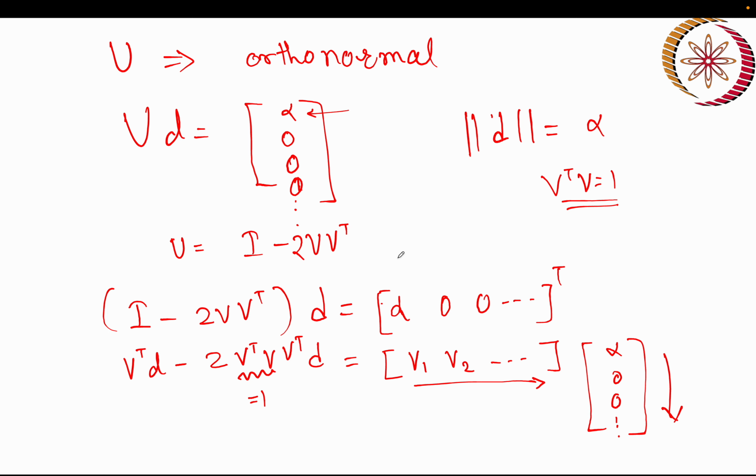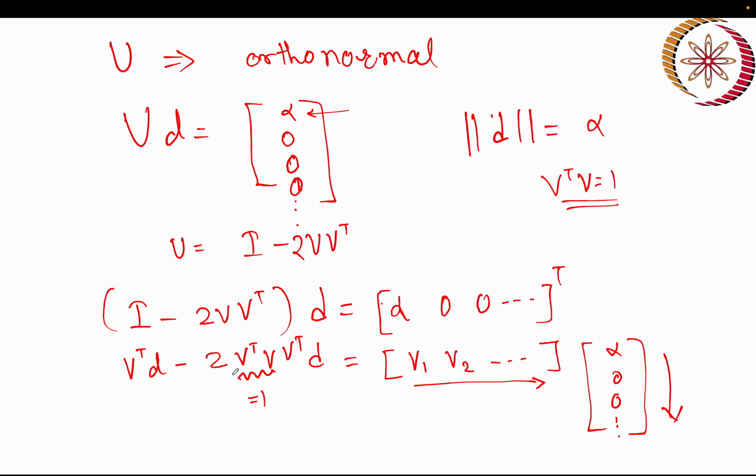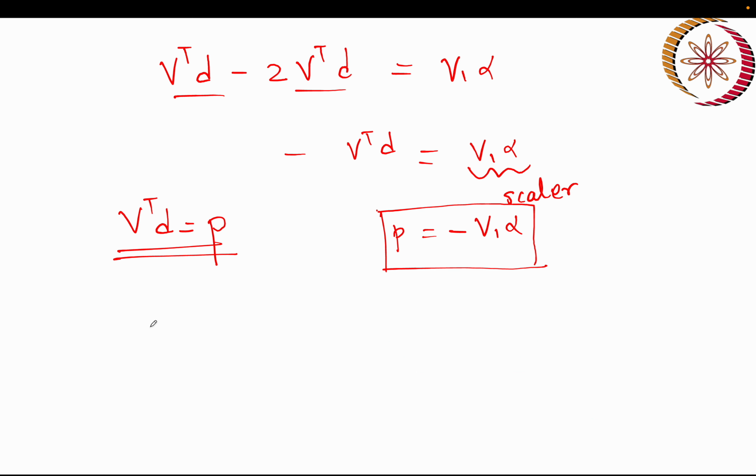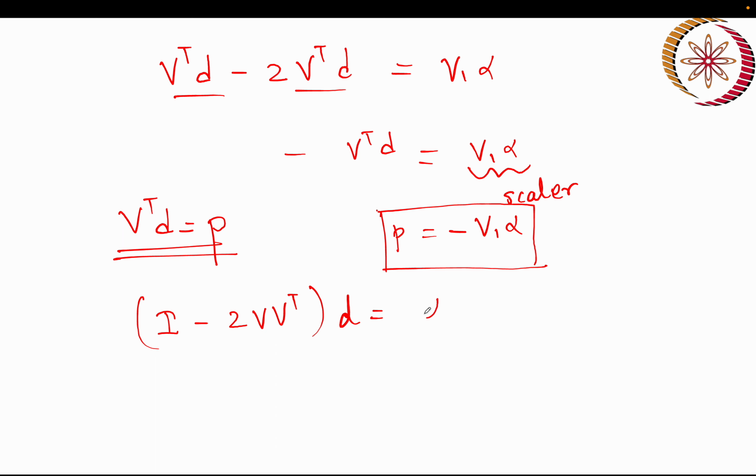Okay, so what we will do now is substitute this into this expression, into D. So we have this expression here, so we'll substitute into this expression I minus 2V transpose into D is equal to alpha 0 0 0.